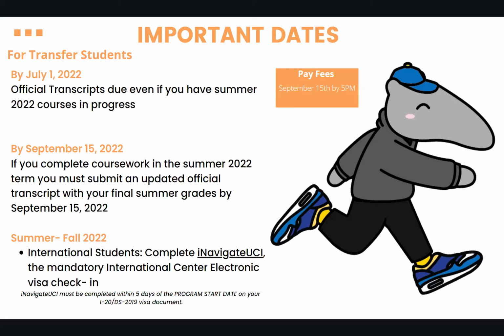So if you have any courses that you were finishing off during summer 2022, make sure you get those transcripts in by September 15th. And for international students, there is a mandatory international center check-in for your visa called iNavigate UCI. So keep an eye out from the International Center email that provides you a link to completing this check-in.